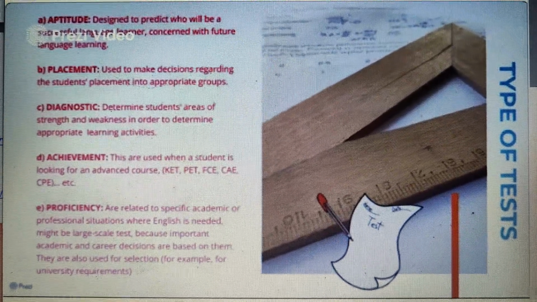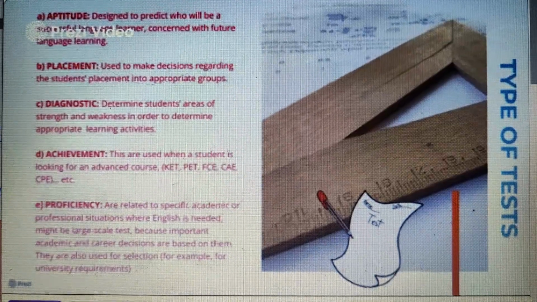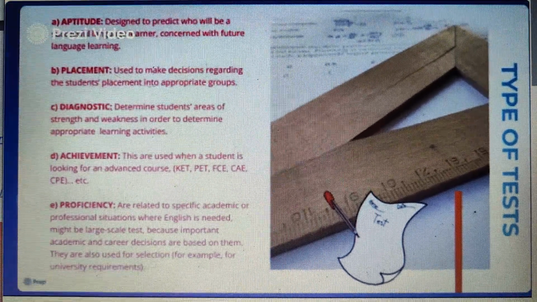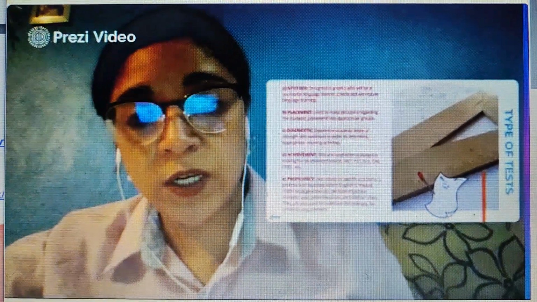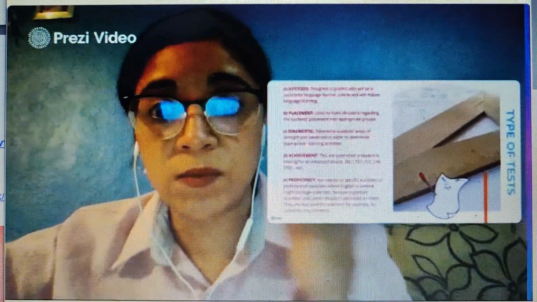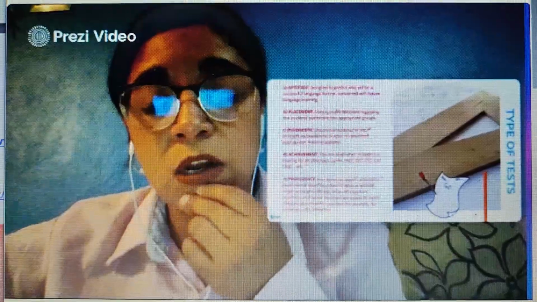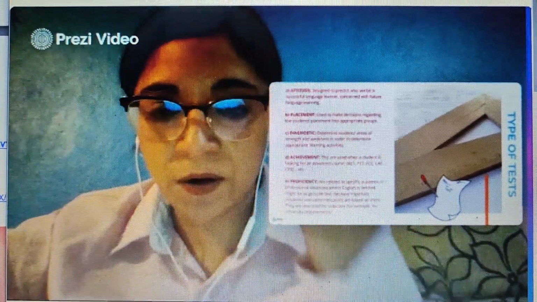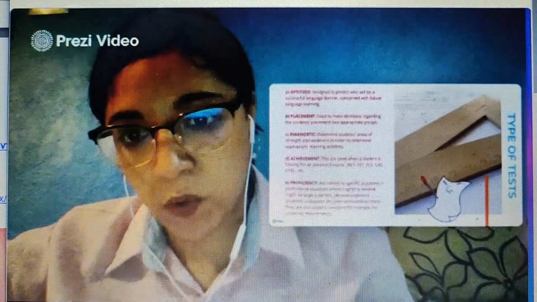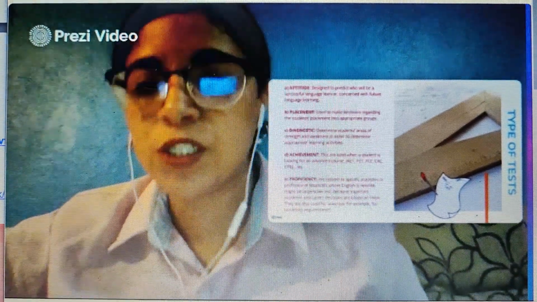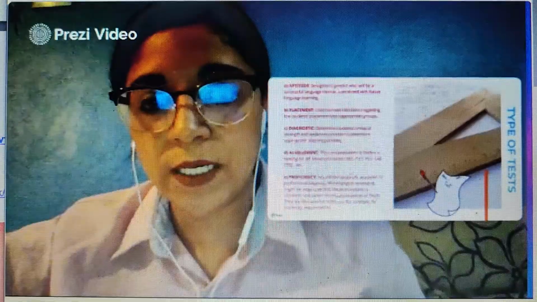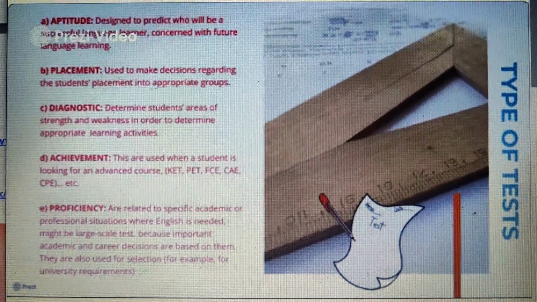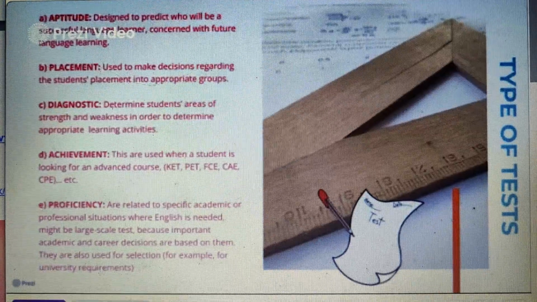The placement test is to make decisions regarding the student's placement into appropriate groups, because you might use some materials with students that are low range, but you cannot use the same things for higher students because they will get bored and won't pay attention. The diagnosis test determines students' areas of strength and weakness in order to determine appropriate learning activities.